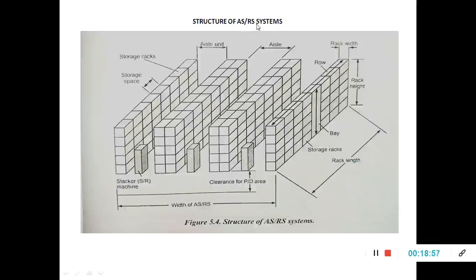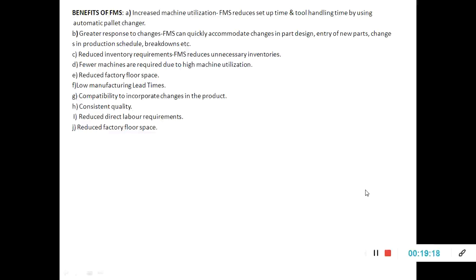Automatic storage and retrieval system. These act as a temporary memory or a buffer to store the similar components as a part family, and whenever required for the processing, they are going to be taken from this system. It is known as automated storage and retrieval system.